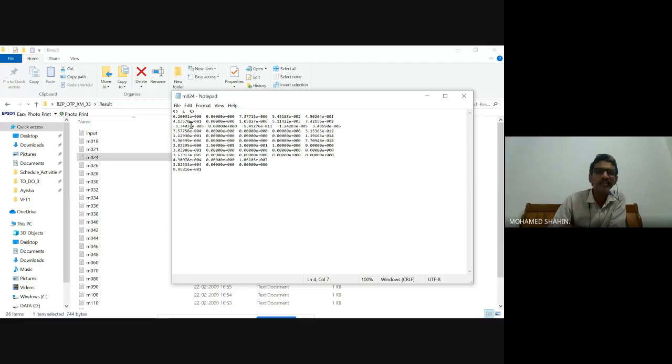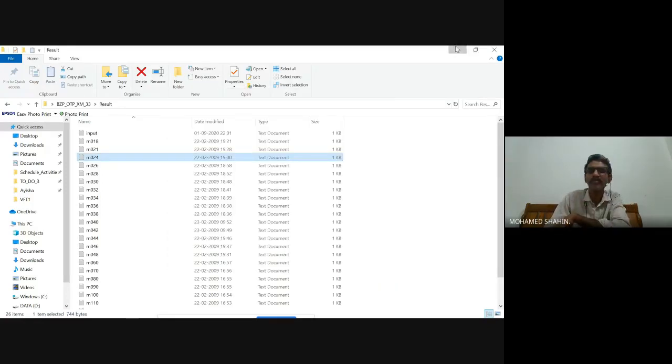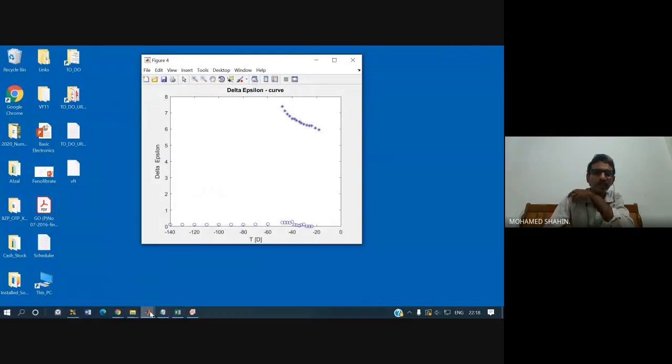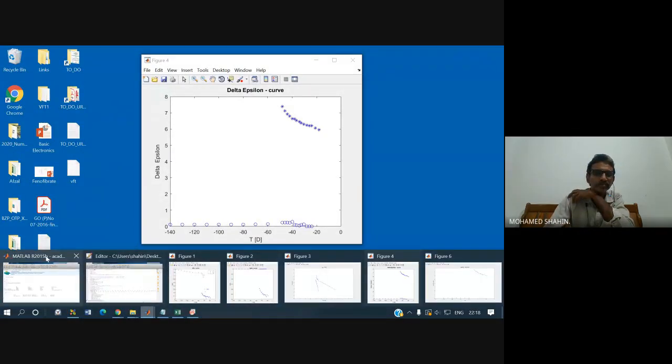Initially you are giving a guess value; how different it is from that, that is what this parameter is telling us. Sometimes you can see this is positive or negative, depending upon where you are initially giving the guess value. So this had to be done next.